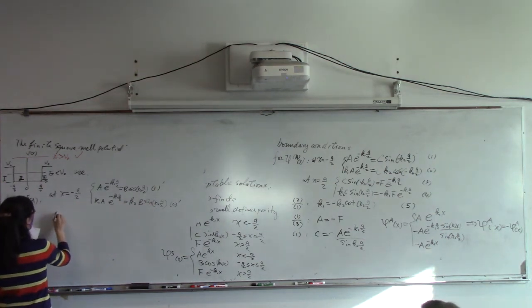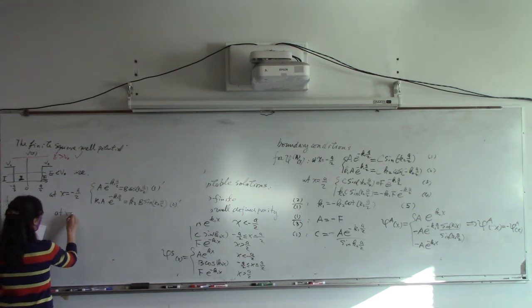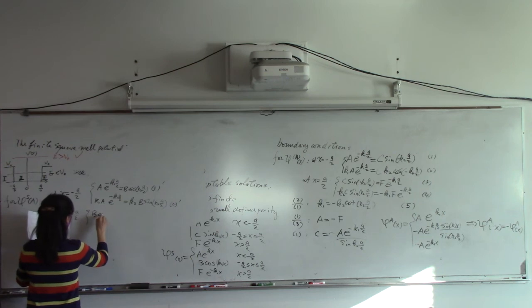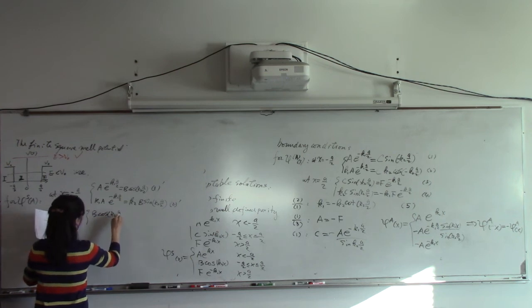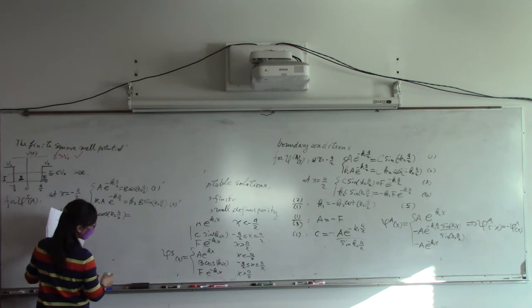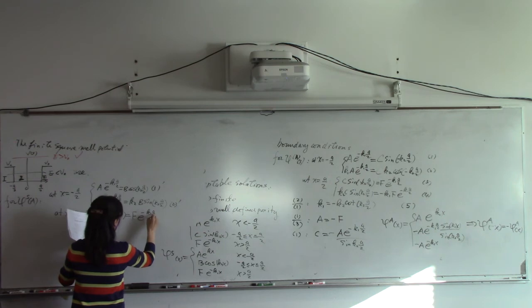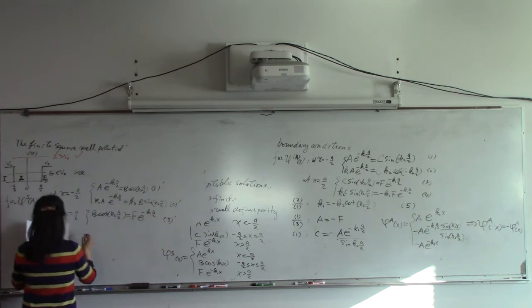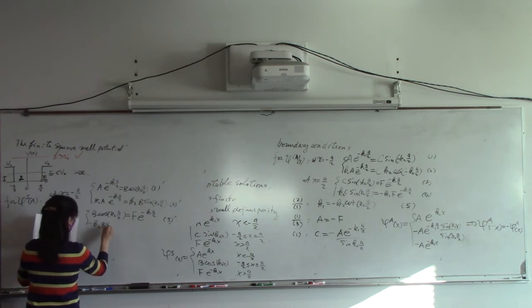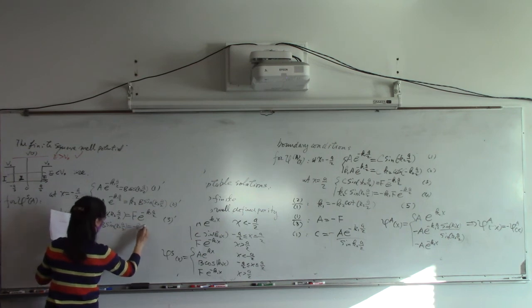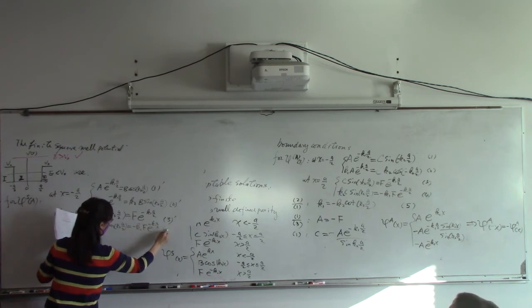That is 2 prime, and then at x equal to half a, we also have another two: A B cosine k2 a over 2 equal to F exponential minus k1 a over 2, 3 prime. Then this derivative, k2 B sine k2 a over 2 equal to minus k1 F exponential minus k1 half a, 4 prime.